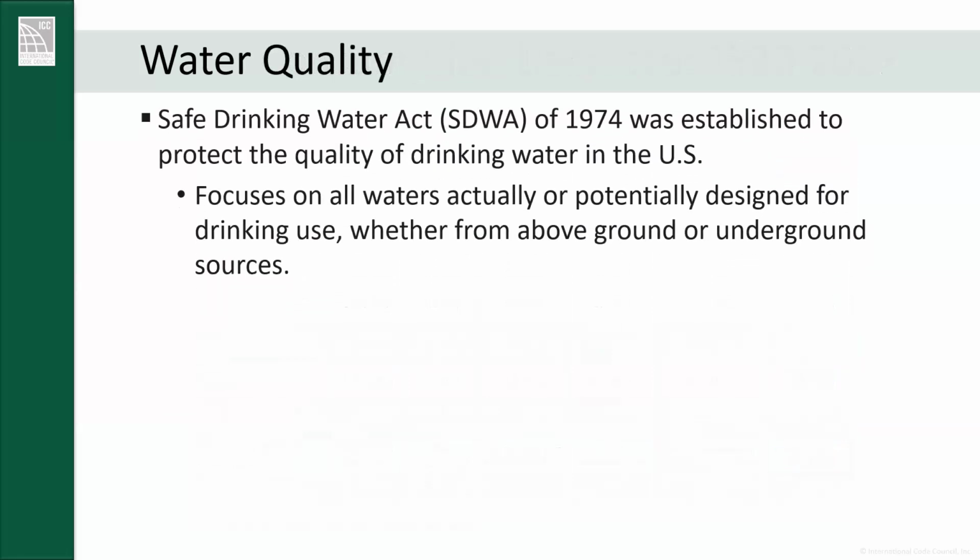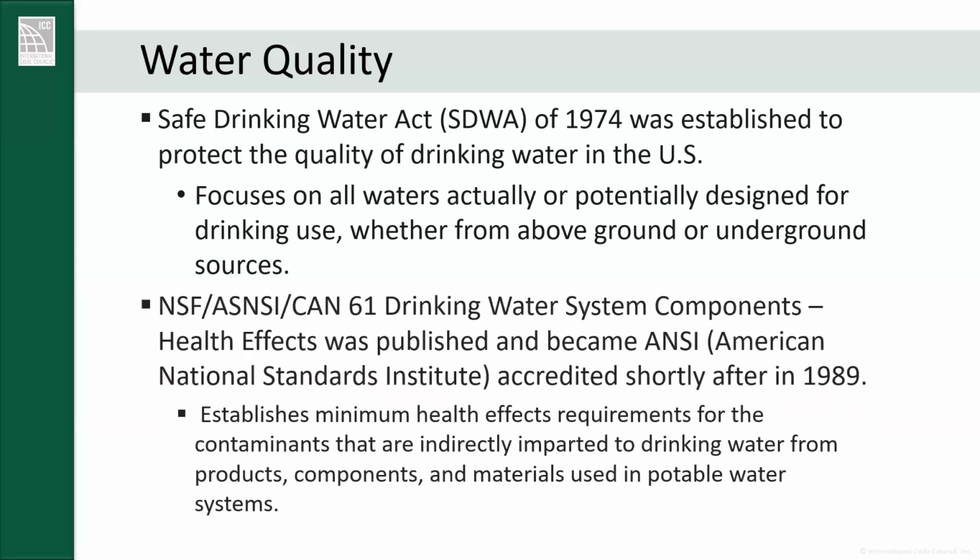And talk about water quality. The Safe Drinking Water Act of 1974 was established to protect the water quality of drinking water in the U.S. But it focused on waters intended for drinking, whether the source was above or below ground. In 1989, NSF developed NSF 61, which is the drinking water system components standard.